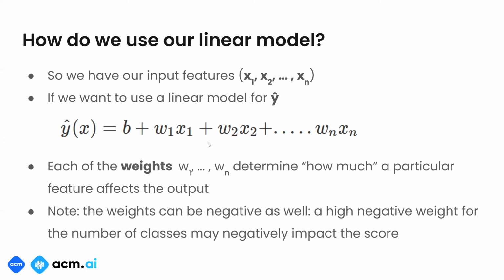What does that mean? It's like saying the amount of time you spend playing video games is going to negatively affect my midterm score, right? So if x2 was the number of hours spent playing video games, w2 would probably end up being negative. This is an important slide. So does anyone have any questions about this?